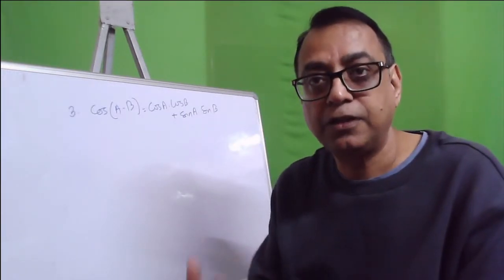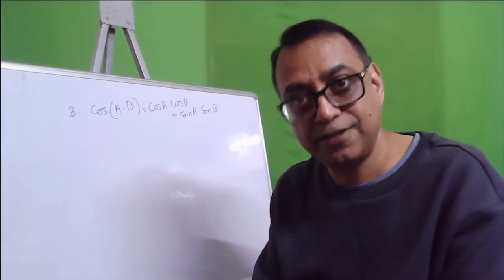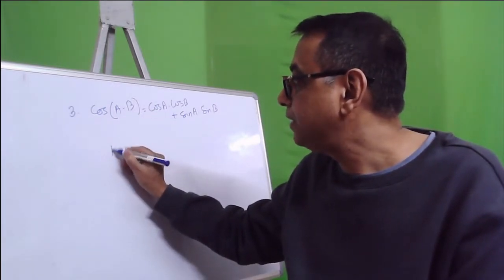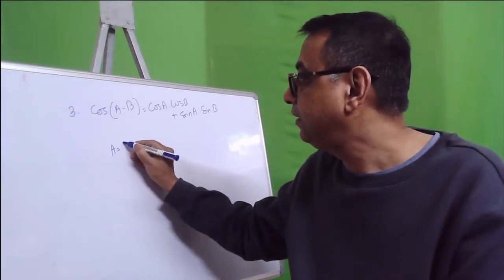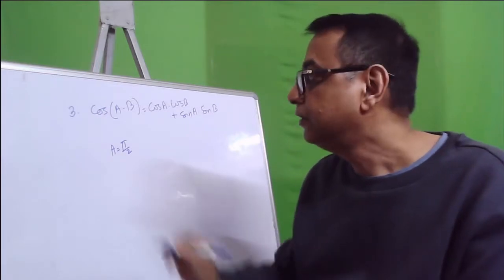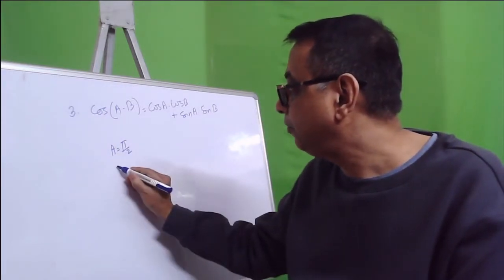Now, let us go to find out some other interesting identities. We'll replace A by 90 degree, or in radian it is pi by 2. So what will it become?